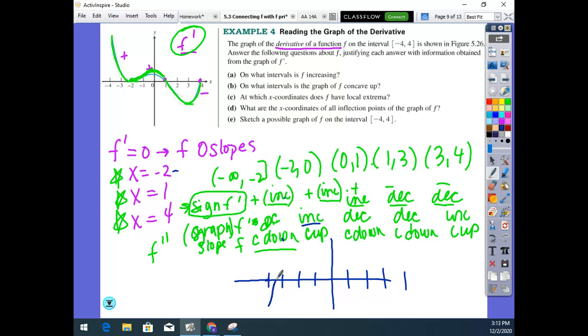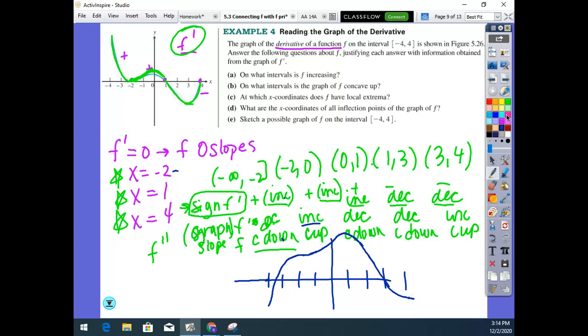So I'm going up and at -2, zero slope, increasing. Then when I get to 1, I'm going to keep increasing, get to zero slope at 1, and then I'm going to start to decrease. And then once I get to 4, I'm going to flatten out to a zero slope again. All right, so that could be anywhere along the y-axis.